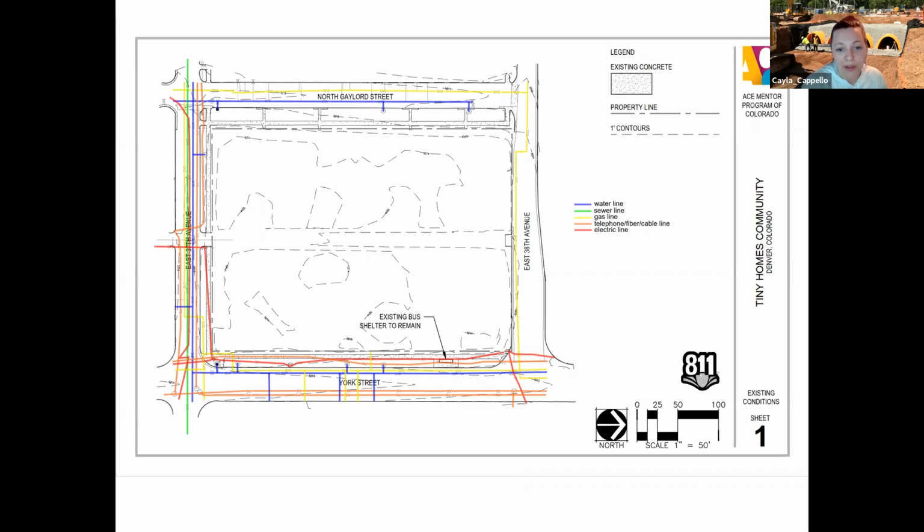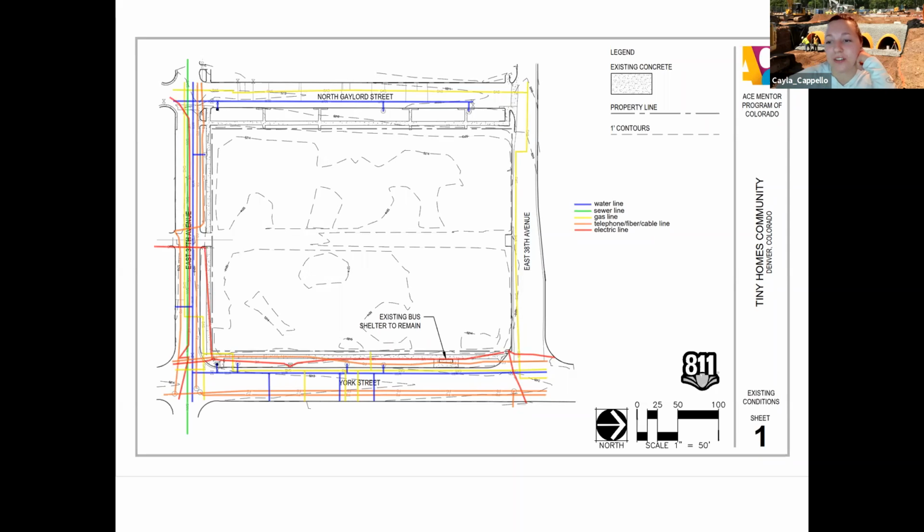This is a refresh from last week, but do you guys remember any of the things that we pointed out on our own site or on this diagram here? Do you see any important utility features, maybe some of those above ground that we had noticed here?